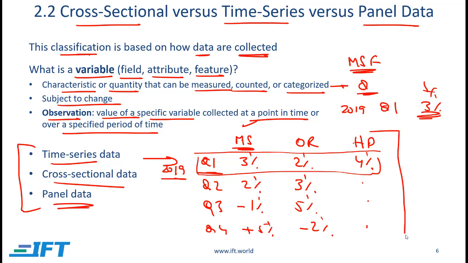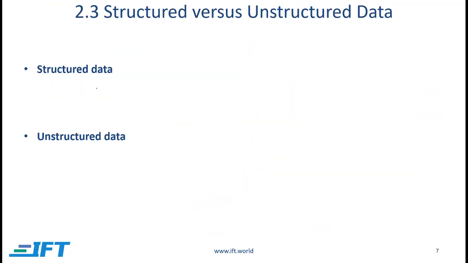So this table essentially represents panel data because it is a combination of both time series data, which effectively is vertical in my example, and cross-sectional data, which is horizontal in this example.